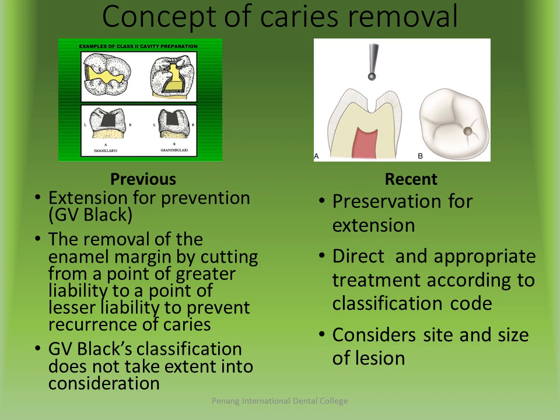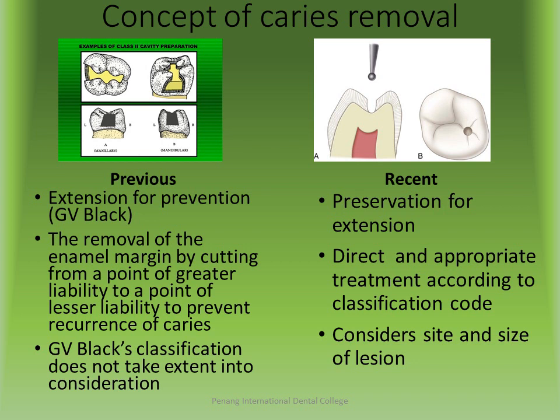The removal of the enamel margin by cutting from a point of greater liability to the point of lesser liability used to happen in the cavities prepared according to GV Black's classification. So we used to first remove the carious lesion, and then extend it onto the healthy tooth structure, so that we can form a sound base to receive our restorative material.